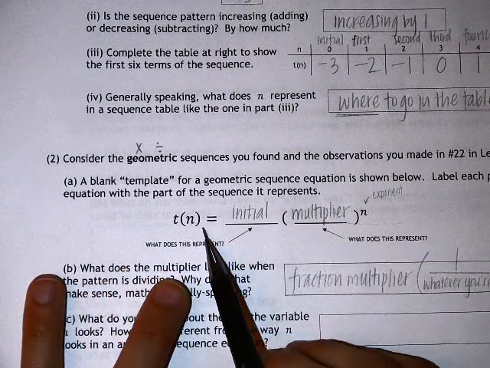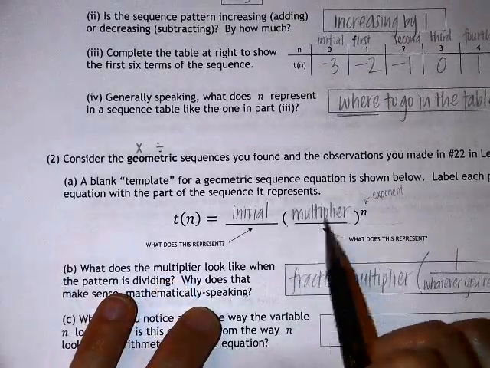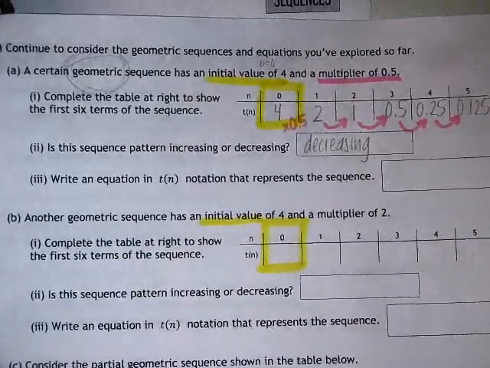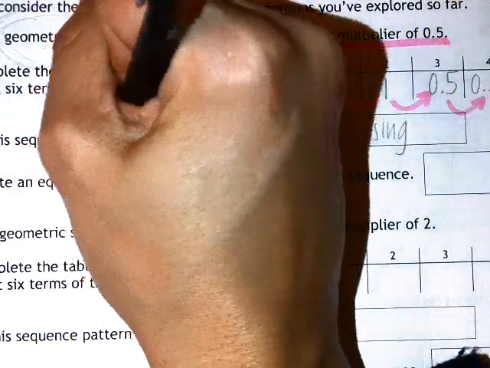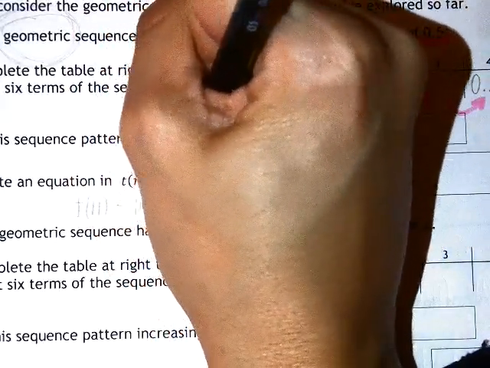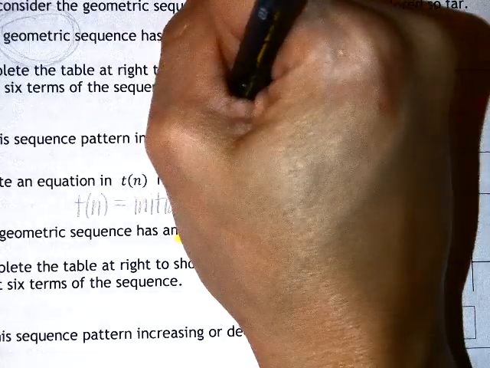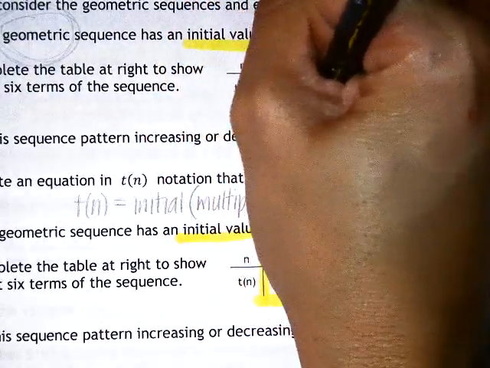I need T of n equals initial value, parentheses, multiplier, power of n. If you find it a little annoying to have to flip back and forth, you can quickly copy that note to yourself so that you know what to do. T of n equals initial value times, or parentheses, multiplier to the power of n.